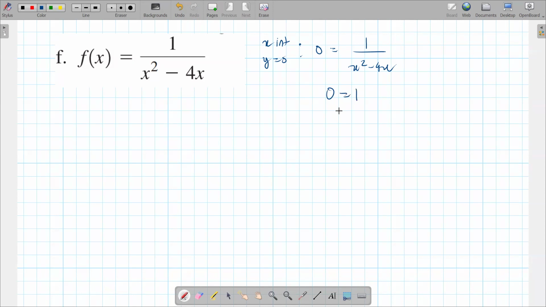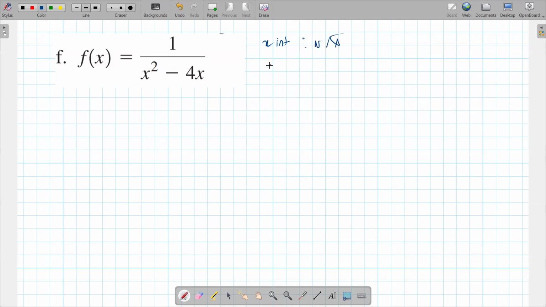What does that mean? If you see weird math like this, it just means it doesn't exist. Can 1 be equal to 0? No, it cannot be. So the x-intercept does not exist.